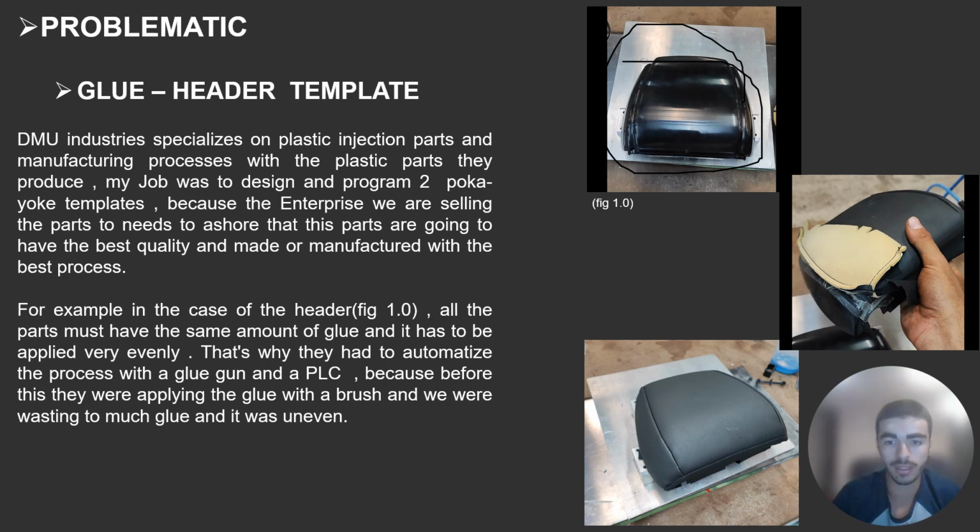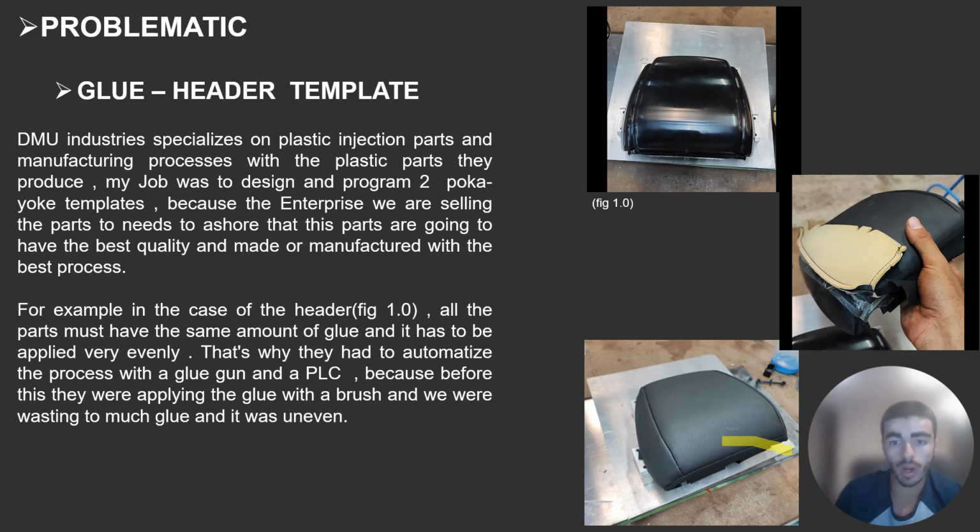What was happening here? First of all, here we can see how the piece comes out of the injection machine. It comes without the plastic foam, and the process is to paste this foam on top of the plastic part.